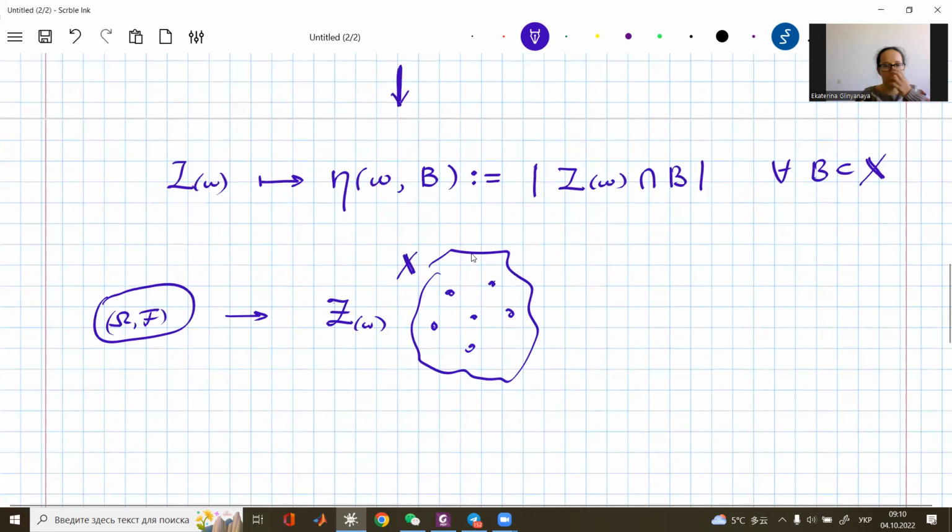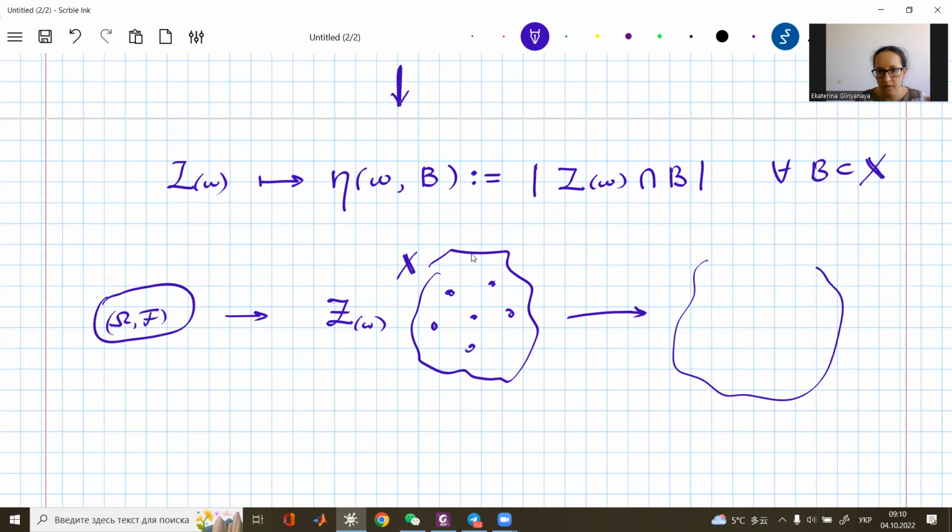But I will not consider this as a configuration of points. I will do one more step, and I will consider the family of measures.